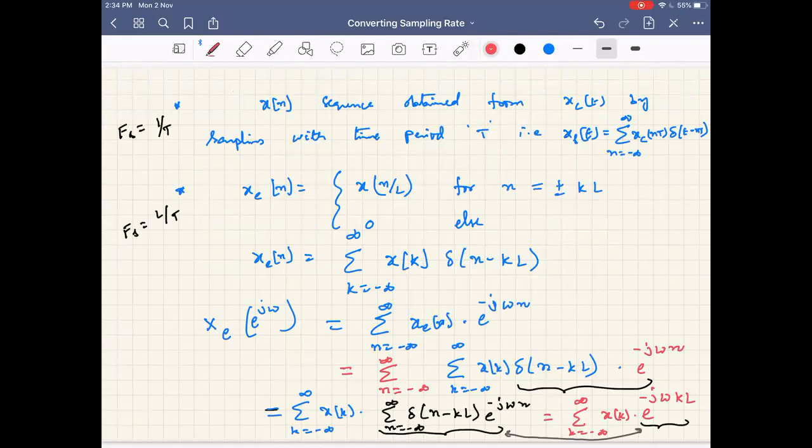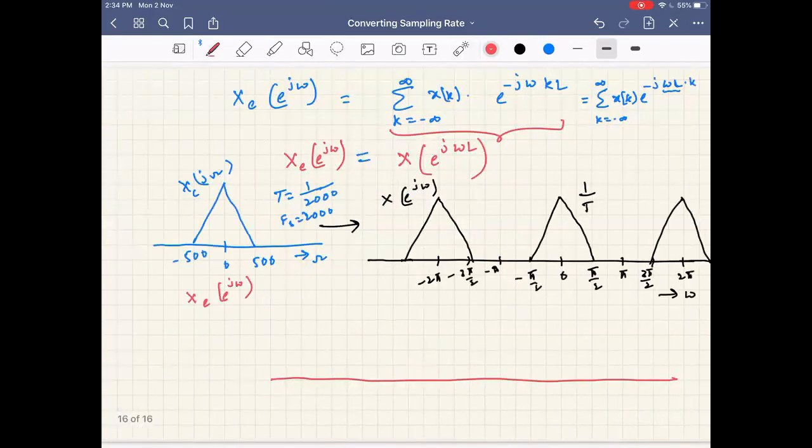That's why there is an expansion in the time domain. Because of the inverse relationship between the representations of time and frequency, compression happens in the frequency domain. This is the omega dash axis, where omega dash is equal to omega into L.